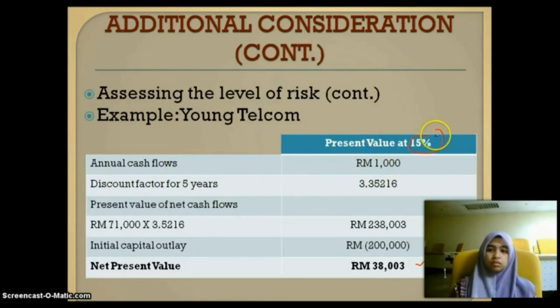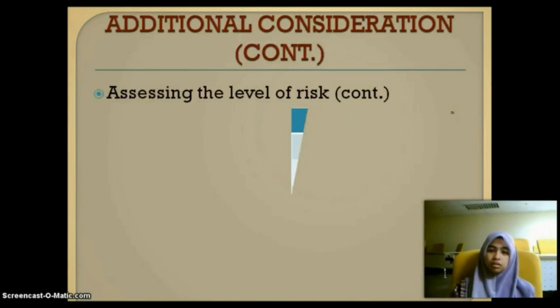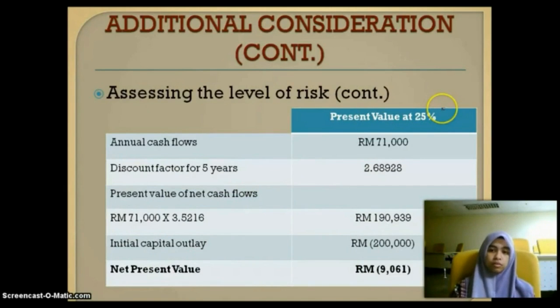If we look at the sensitivity analysis, the manager will usually assume a number for the discount rate, for example 25%. They want to see how sensitive the net present value is. Let's assume that it is a 25% discount rate. This is the calculation, resulting in a negative NPV.